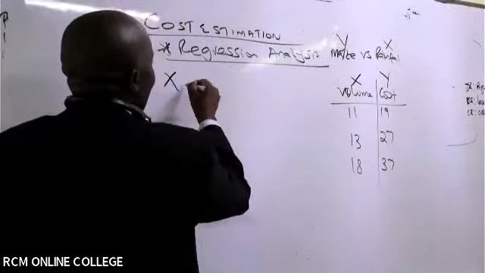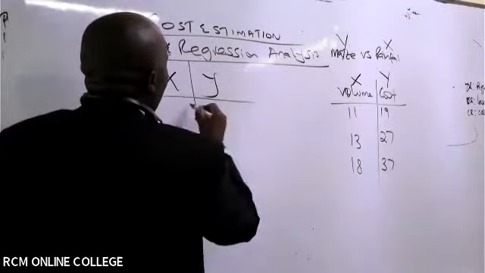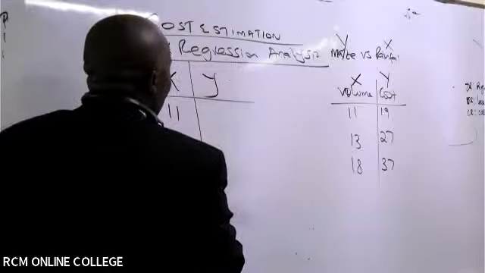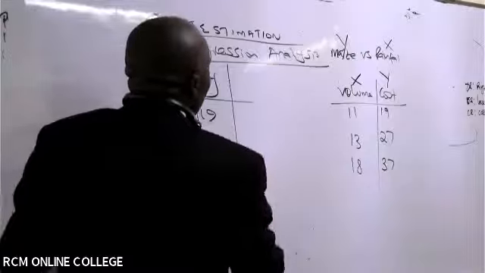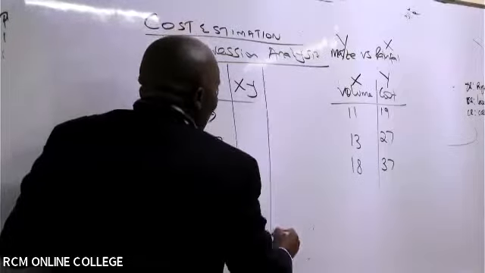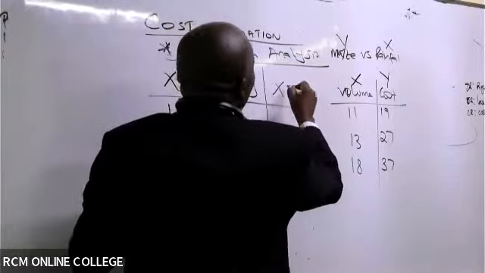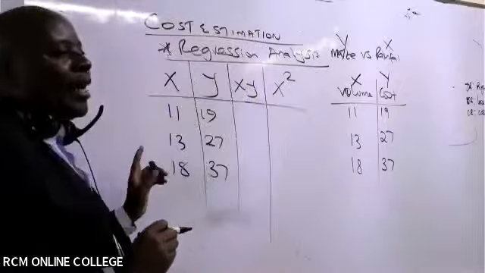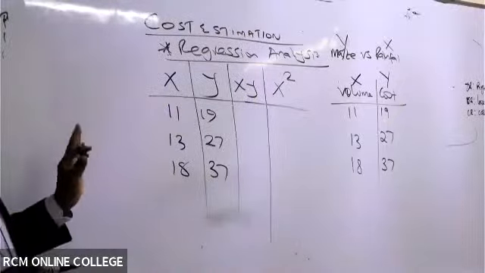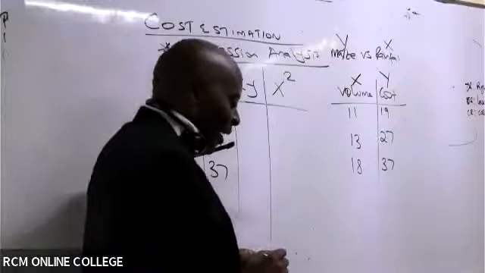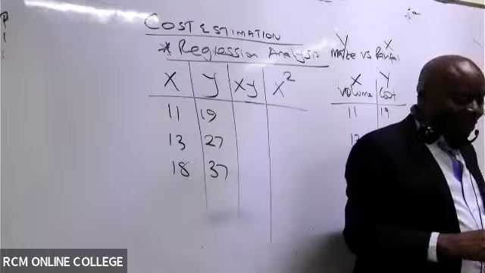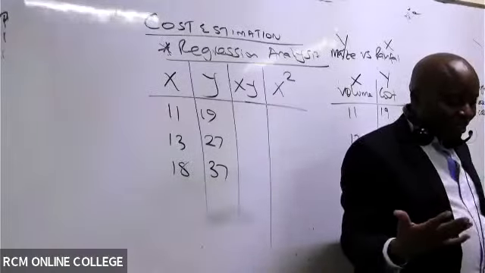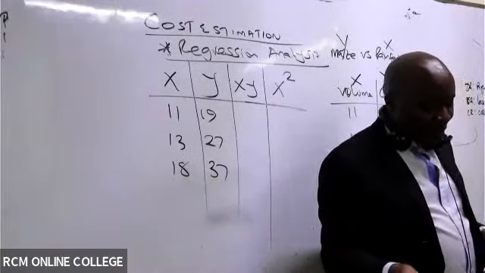I have to write mine here because of space. So I have X there: 11, 13, 18, 19, 27, 37. If it is regression analysis, we must introduce column XY. We must introduce column what here? X squared. I'm sure I'm boring some students who were in my class last time, but in the interest of the newcomers, please allow me to repeat this pretty fast.